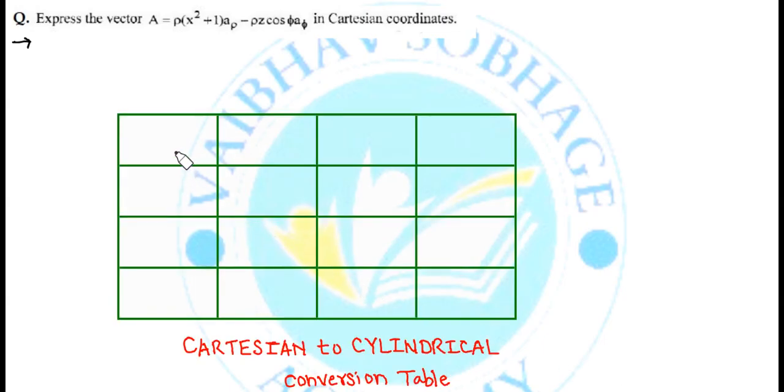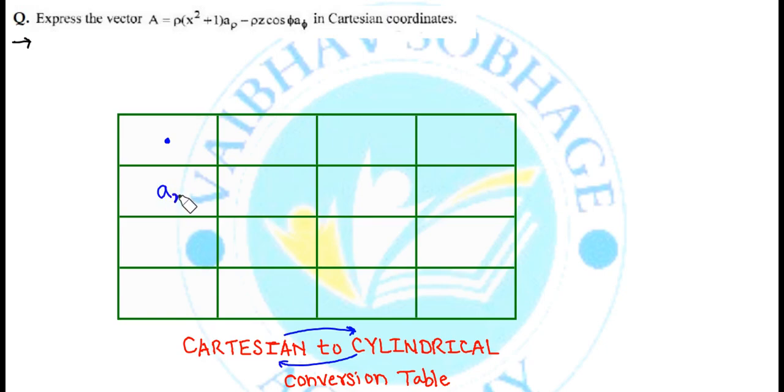Okay, so the conversion table in order to convert your Cartesian system into cylindrical one and vice versa. That means you can convert the cylindrical system into Cartesian coordinates. So this is the conversion table that we will be using. This is the very first, that is dot, and that dot indicates the dot product between the components of Cartesian system or rectangular system.